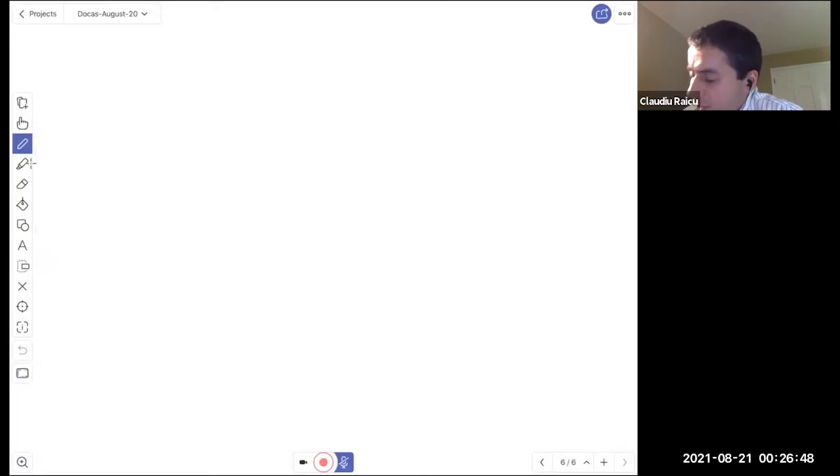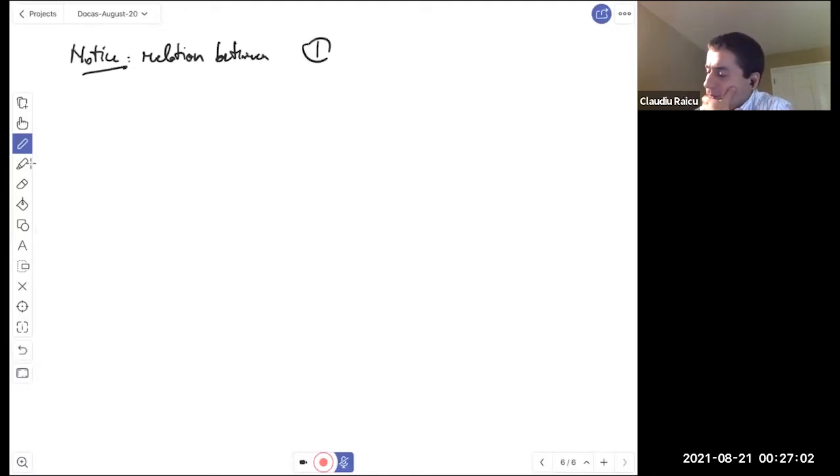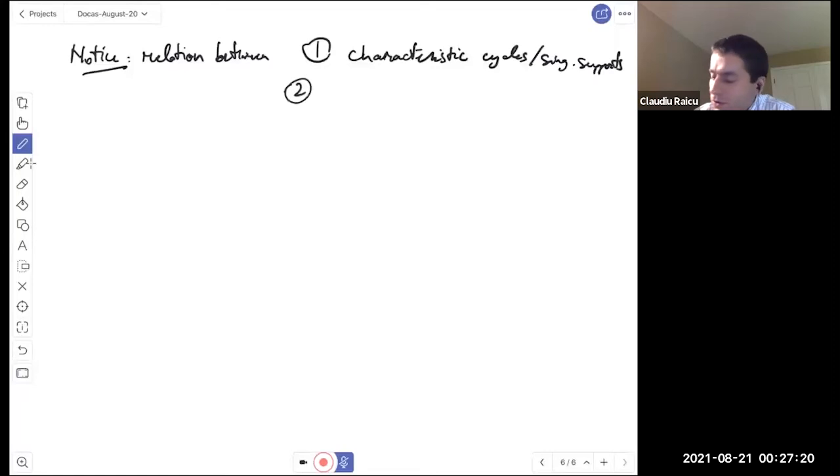Let me just write down what I just said. The note is that we have a relation between 3 invariants of the stratification: the characteristic cycles, given by the singular support of the IC sheaves on the closure of the strata; then the stalk intersection cohomology Euler characteristics, which are constructible functions; and then the new set of constructible functions, the local Euler obstructions.